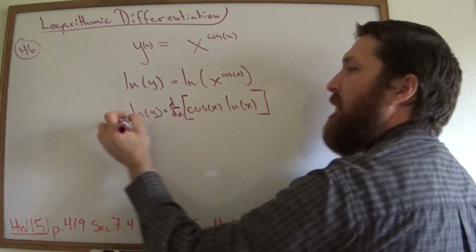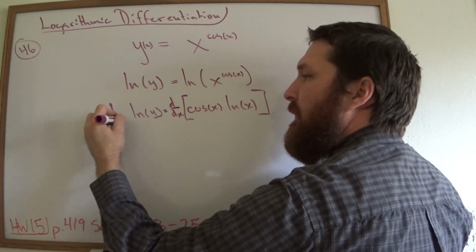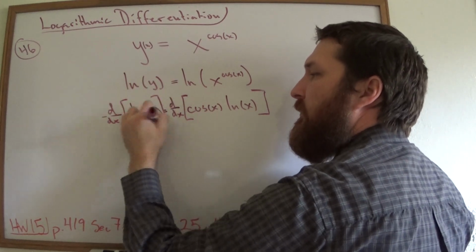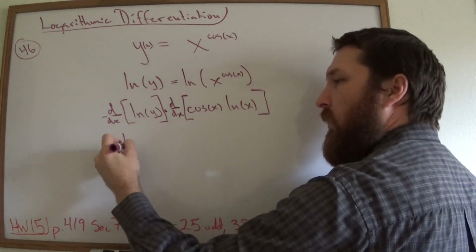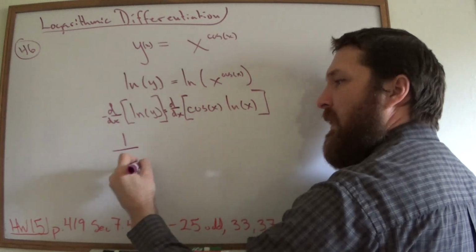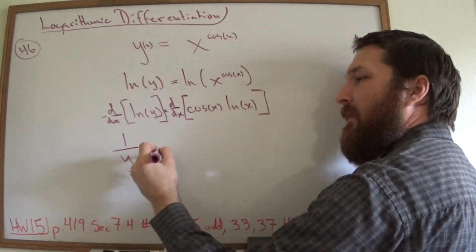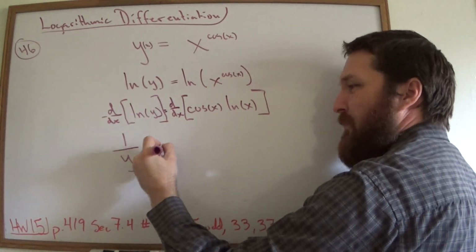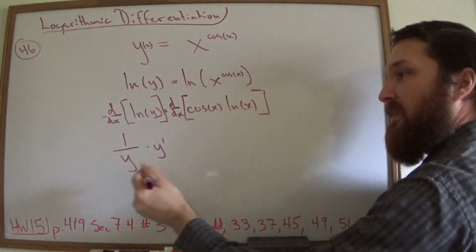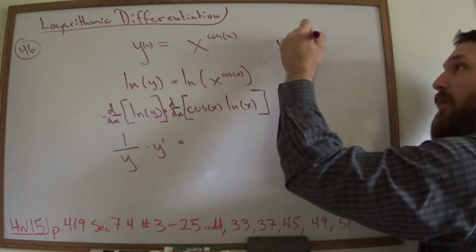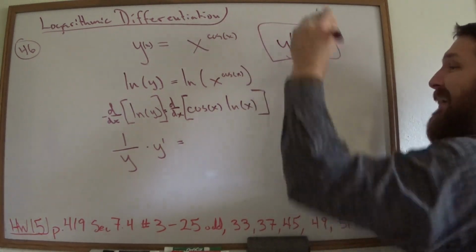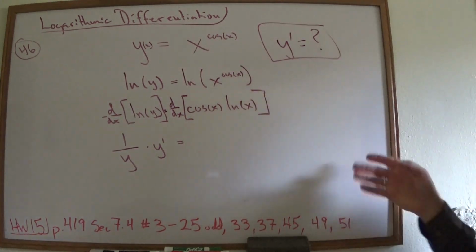The derivative of log stuff is 1 over stuff, times, by the chain rule, the derivative of the inside stuff, which is the thing you're looking for. We want y prime. That's our goal, so y prime had better pop out somewhere.